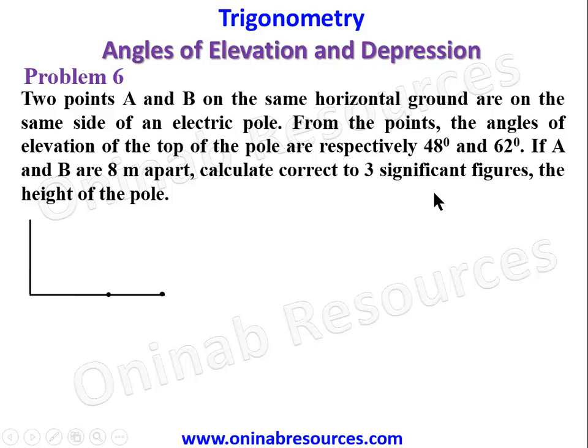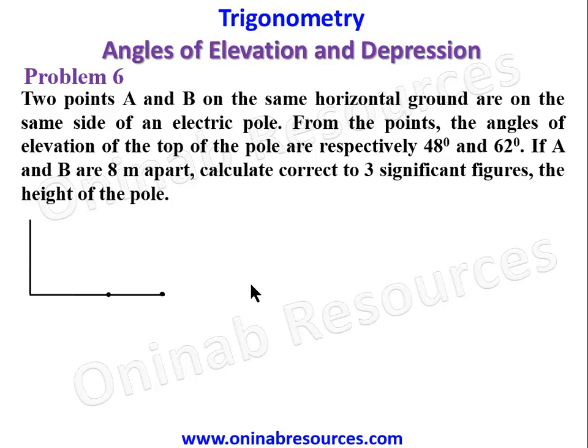It should be understood here that the larger angle is closer to the pole than the smaller angle, because you need to raise your head very high if you are close to the pole to be able to see the top of the pole.